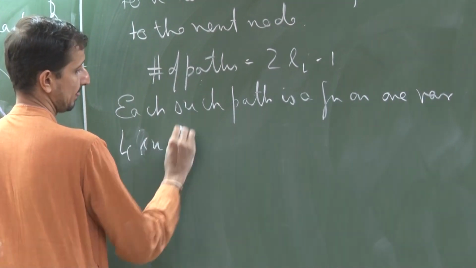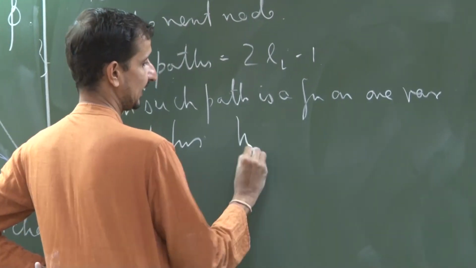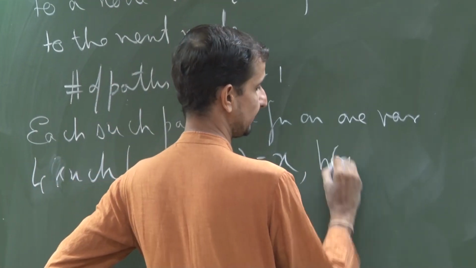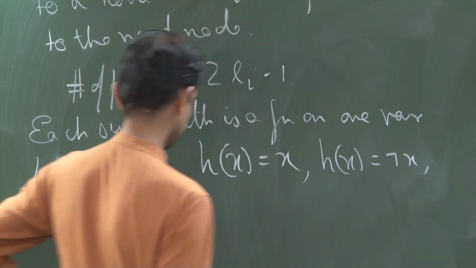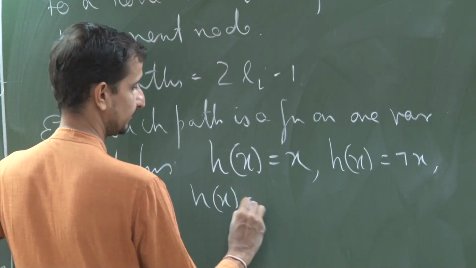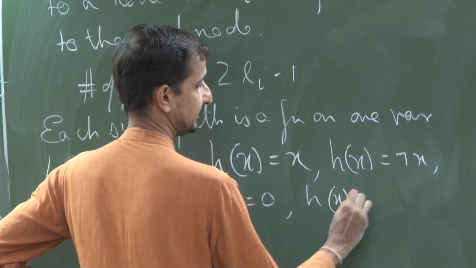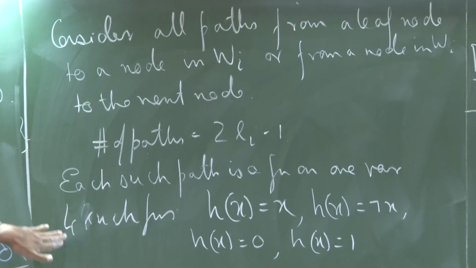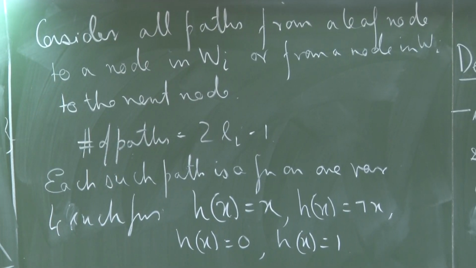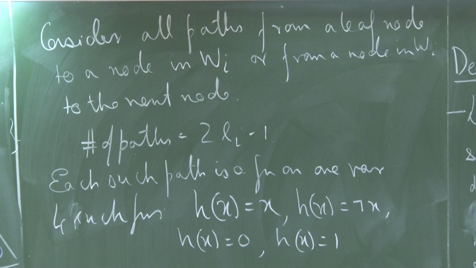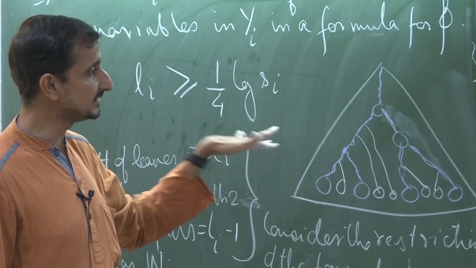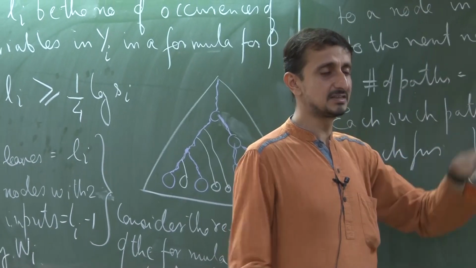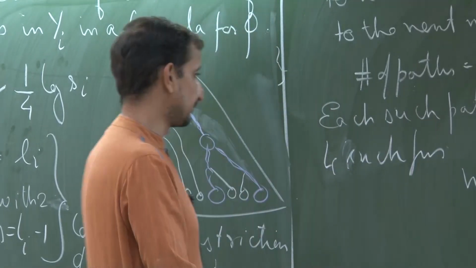I can have h of x equal to x, h of x equal to not of x, h of x equal to 0, or h of x equal to 1. These are the only 4 possibilities for these paths. And any sub function, which is basically this subtree, is uniquely determined by all these paths. Once I fix all these paths, that uniquely determines a function.